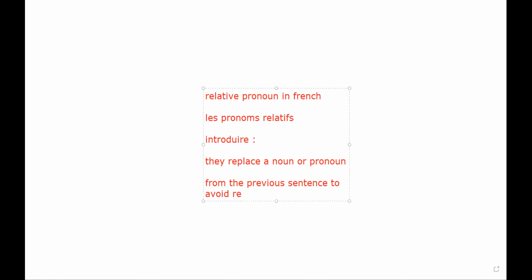Yes, sir. To avoid repetition. See, what is my pronom relatif? Basically, this is what we use to replace a noun or pronoun from the previous sentence to avoid repetition. Is it clear to you? Yes, sir.